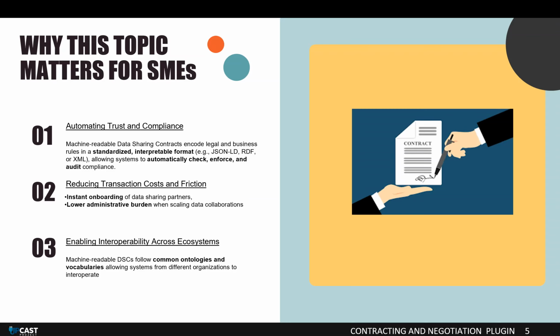They also reduce transaction costs: less back and forth, faster onboarding of partners, and lower administrative burden when you scale operations. Finally, using standard ontologies and vocabularies enables interoperability, so systems from different organizations can understand and process the same contract.